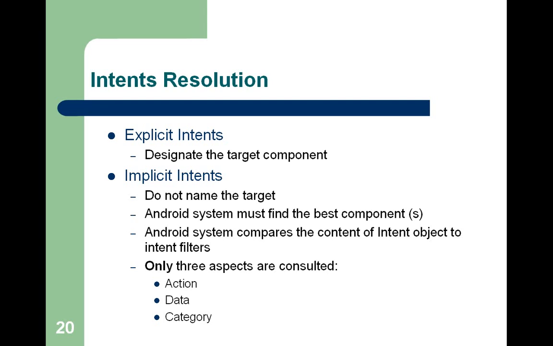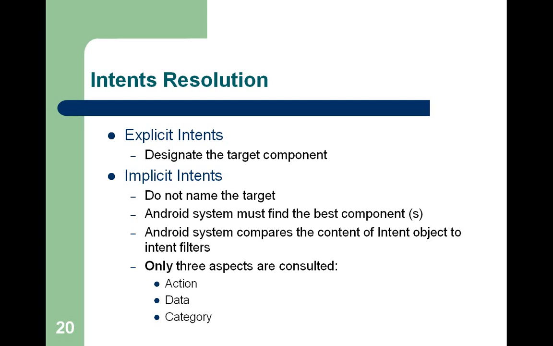So whenever my application wants to listen to a specific intent, I need to define an intent filter in a file which is called Android Manifest.xml. We are going to look at that file also in coming slides. And this file helps Android system to compare the intent object and decide which all components can handle this intent.